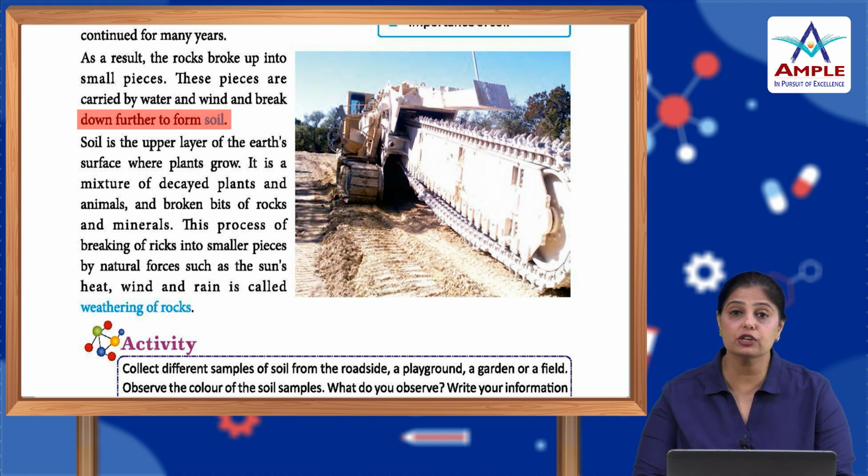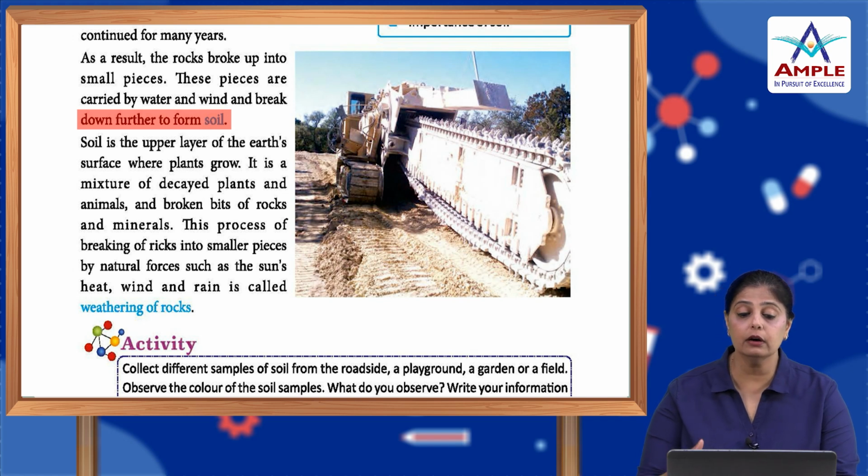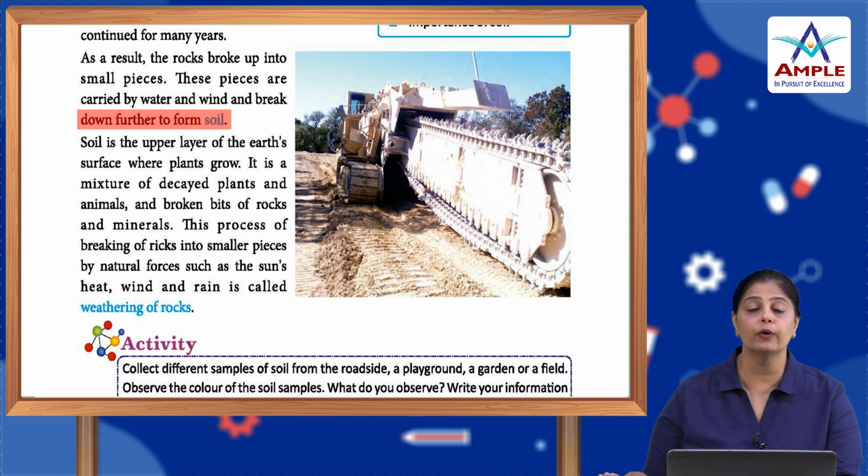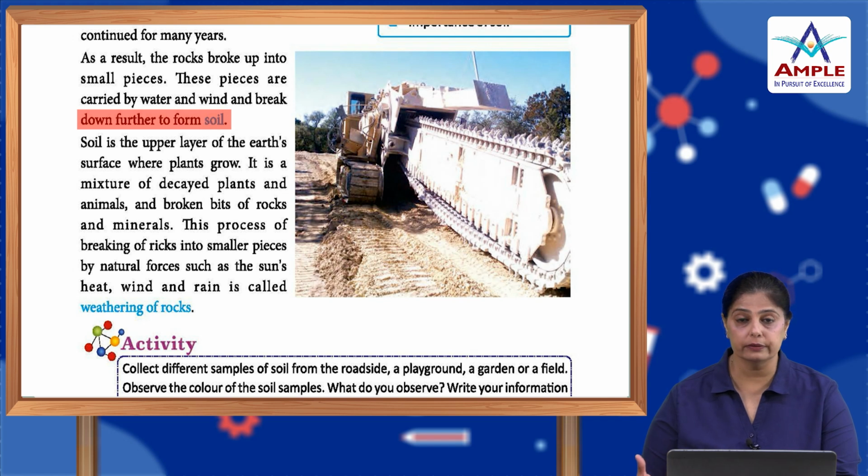Because of this process which continued for so many years, the rocks started breaking into small particles. Now these particles started flowing with the water or the wind, and then changed into soil. Once they came onto a normal ground surface, they settled there, and that is where they started forming soil.